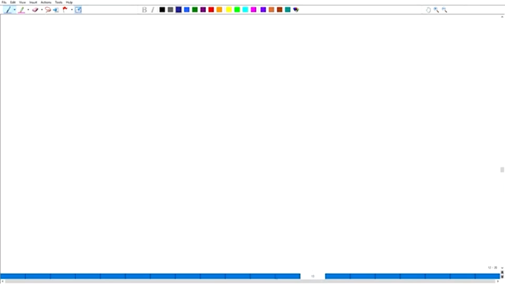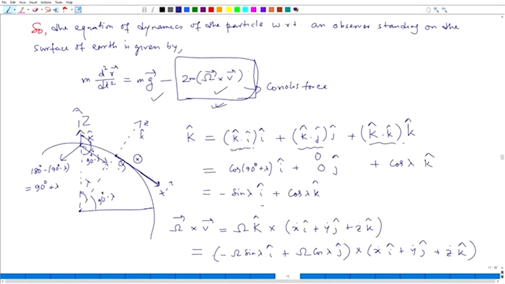finally what you will get, x double dot, will be equal to 2 omega. I can actually do these calculations with you. This is not a very big deal.